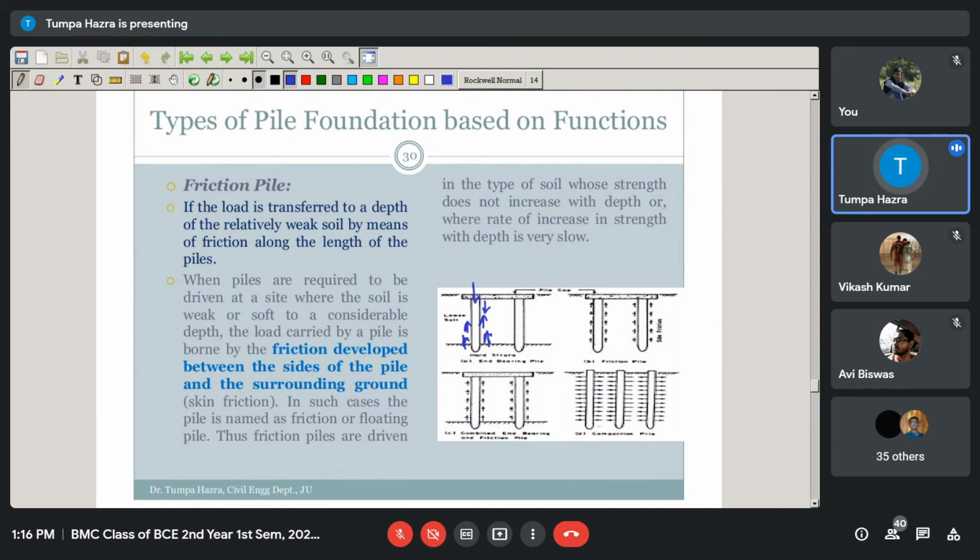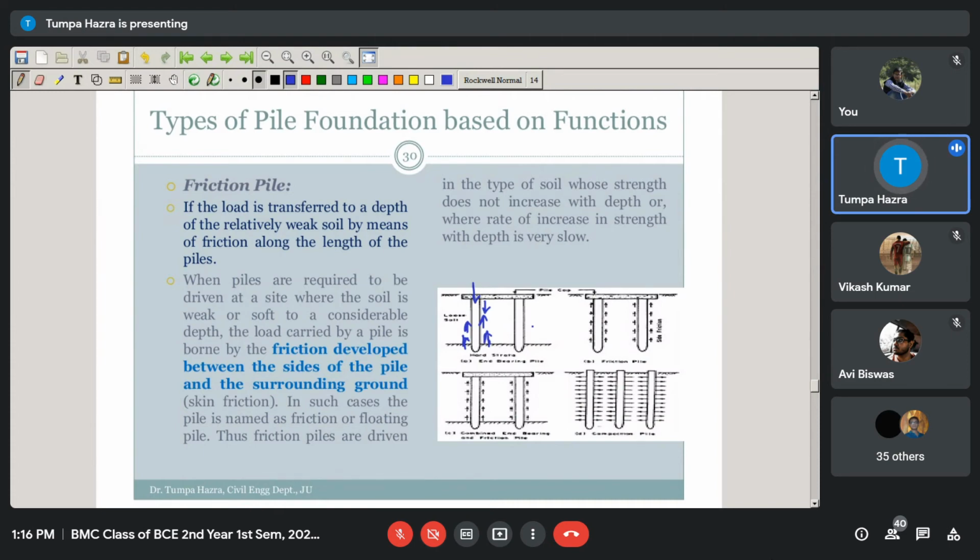Okay, whenever the piles are constructed through coarse dense sand, the adjacent soil will provide the friction to the pile.